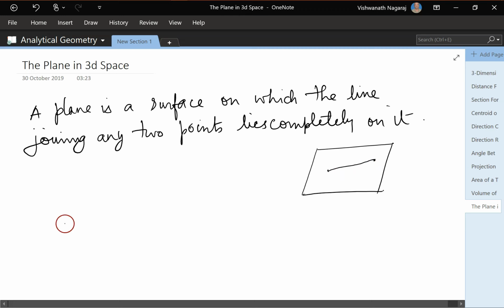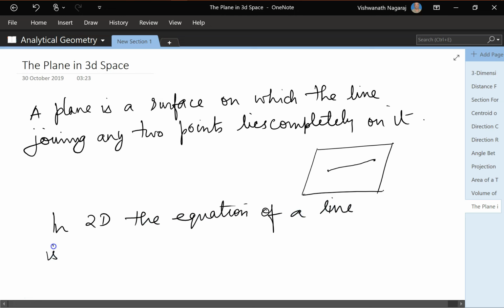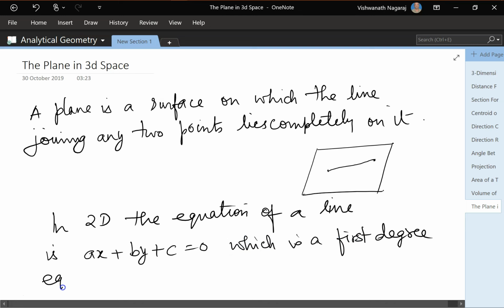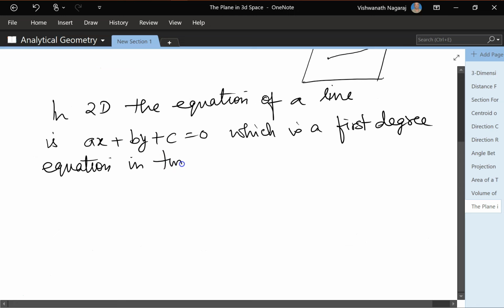Now, in 2 dimensions, the equation of a line is ax plus by plus c equal to 0, which is a first degree equation in 2 variables.